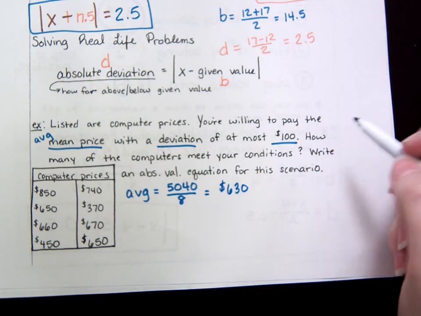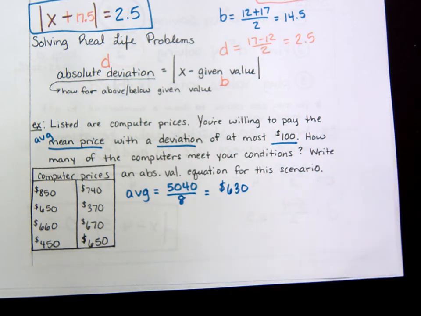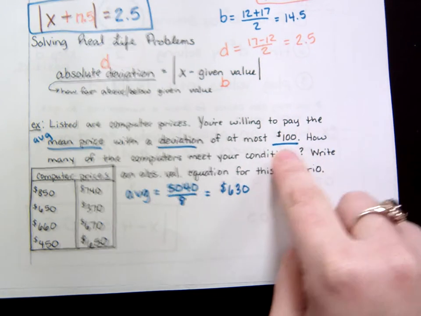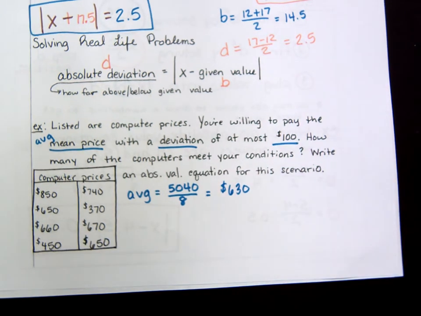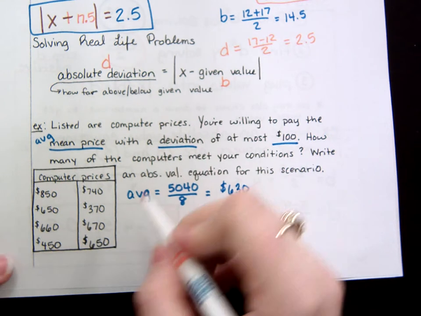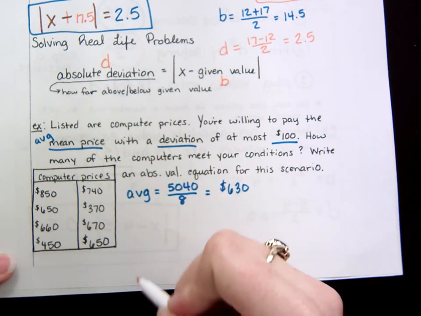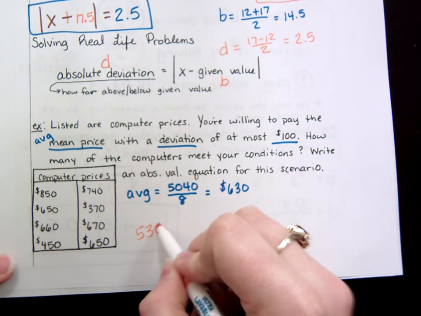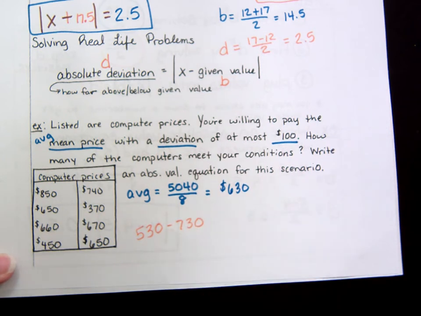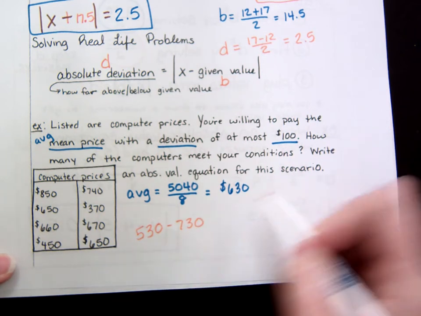Now, the problem asks how many of the computers meet your conditions. Well, we can look at just this and know that the deviation is 100 and tell what it is. So what you're saying is 630, give or take $100, meaning anything between $530 and $730 works. So we don't necessarily need an absolute value equation for this part.